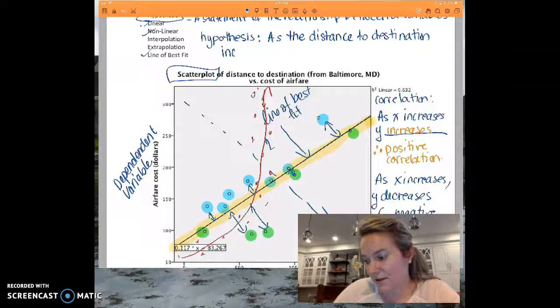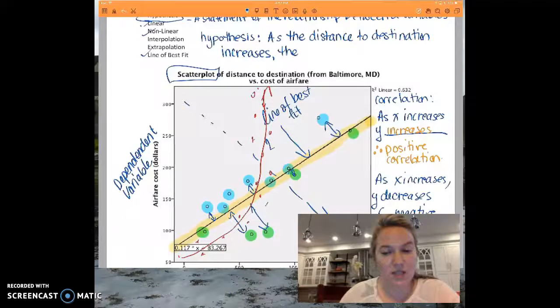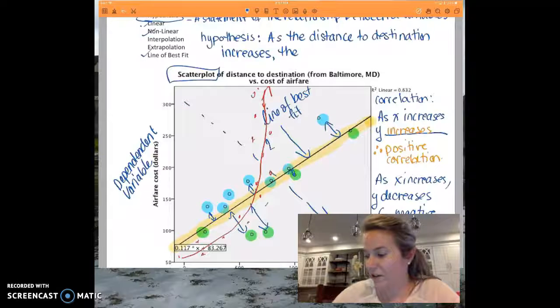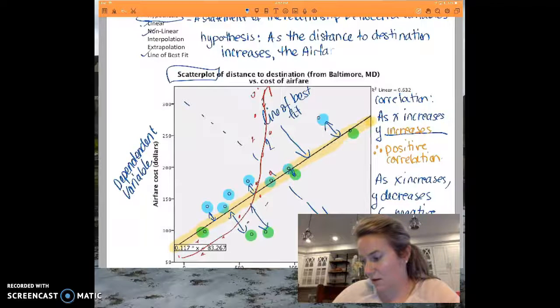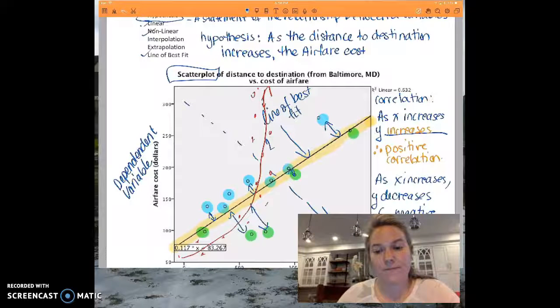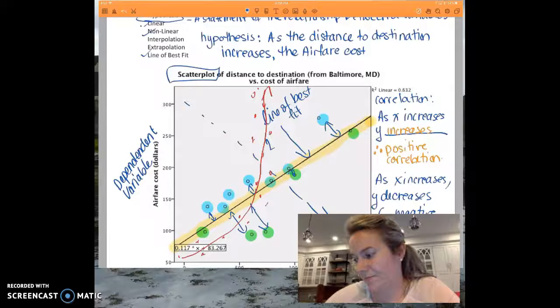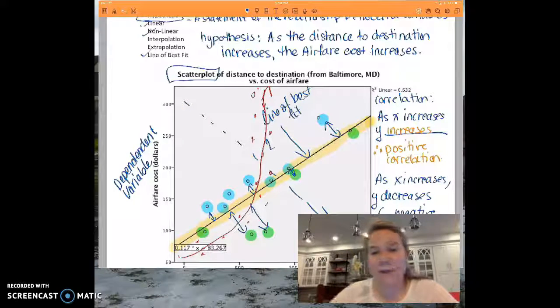increases. We always state it as this increases, the dependent variable, airfare cost, does what? The airfare cost increases. That's the hypothesis.